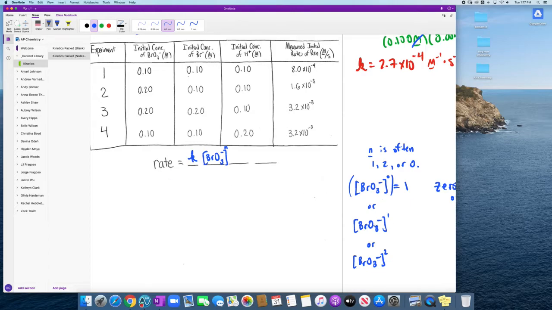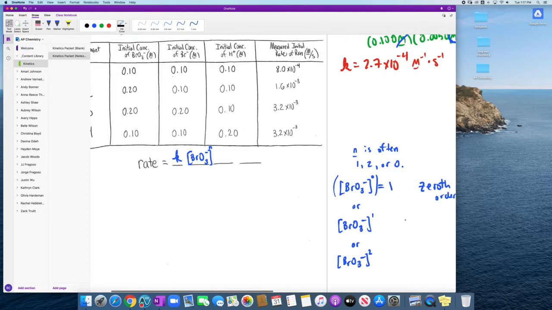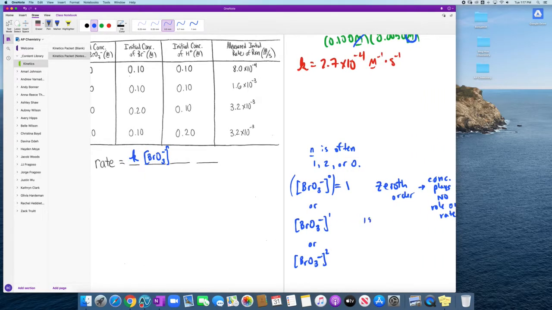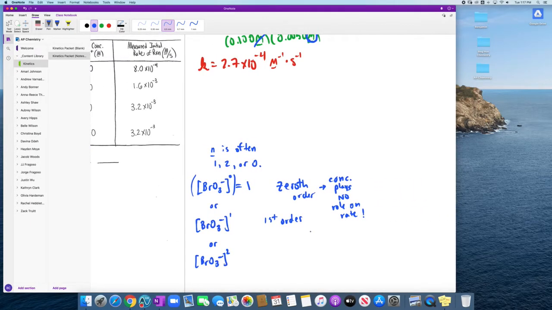If bromate concentration is raised to the first power, well, then it would be important. One way to think about that is if this is first order, and you double the initial concentration for that ion, double the concentration would generate double the rate.